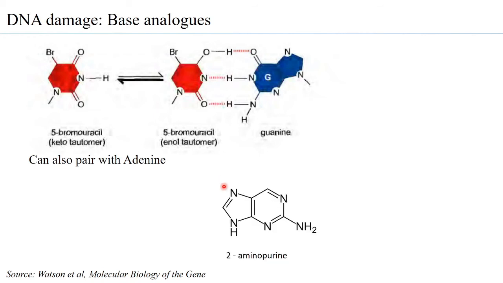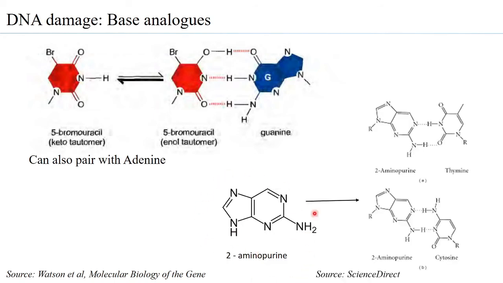There is another base analog, that is 2-aminopurine. When 2-aminopurine is introduced into the DNA, the DNA polymerase considers it as adenine and adds it, and so this 2-aminopurine is able to bind to thymine, which is okay.